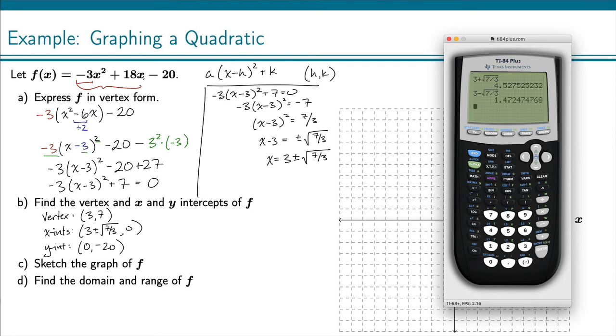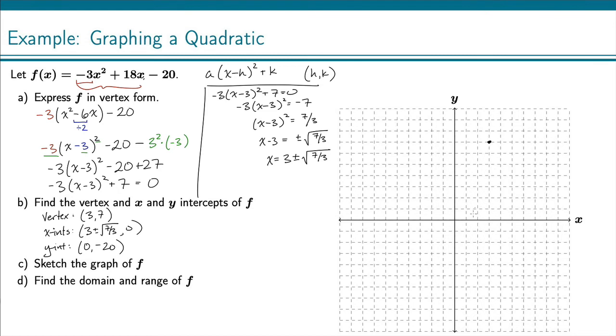So 4.5 and 1.5, about. Again, we're not being super precise. And our y-intercept is at negative 20, so this goes down to negative 10 here, so it's way down there. There's not really much we can do as far as graphing that. But we can still graph our parabola here.